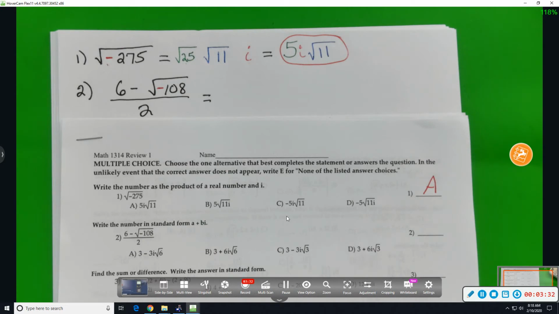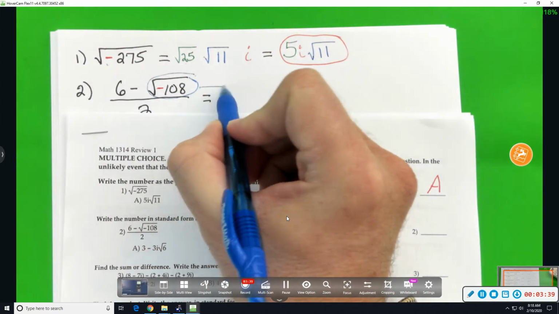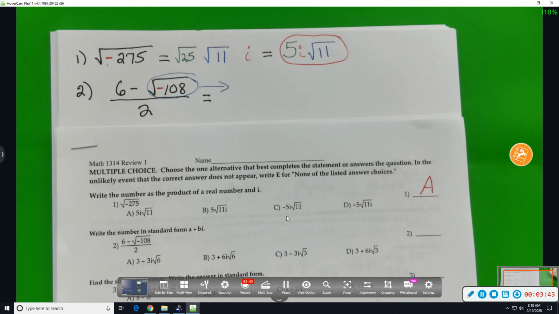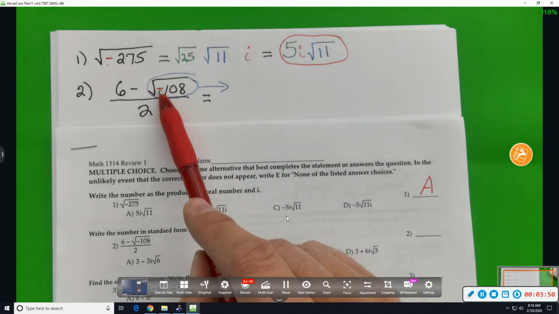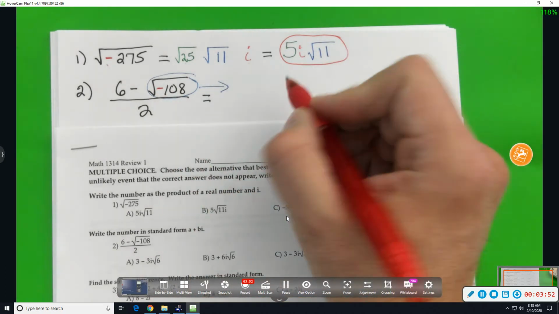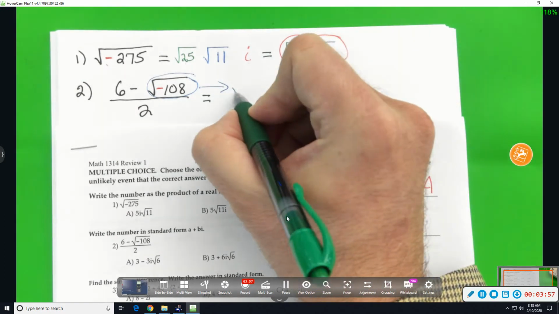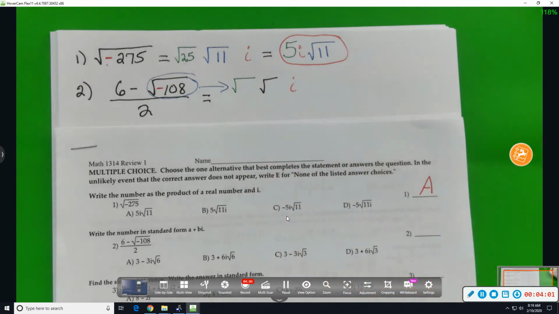Okay. To simplify this, I think I'll simplify the square root first. I think when I was doing these in homework, here's what I do. Put the arrow and simplify that square root the same way I did problem number 1. Well, will there be an I here? Well, yeah, because of the red negative, there'll be a red I. So let me see how I'm going to simplify that 108. What perfect square divides evenly into 108?